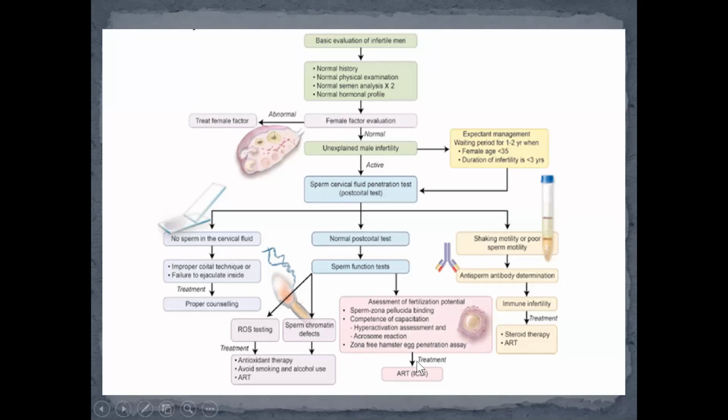If there is a problem, this couple is transferred for ICSI. ICSI is intracytoplasmic sperm injection. This is part of artificial reproductive technologies.